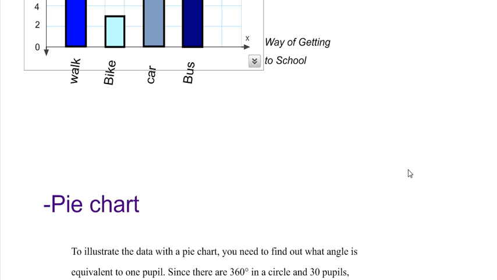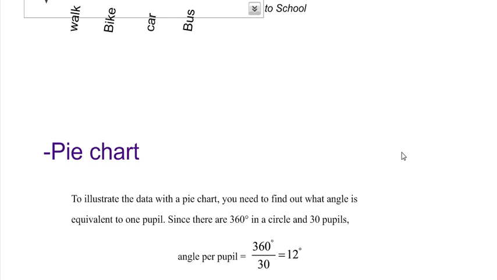Remember, we have 30 people, and the circle has 360 degrees, so we divide 360 degrees by the number of people, 30, so the angle per person is 12 degrees.